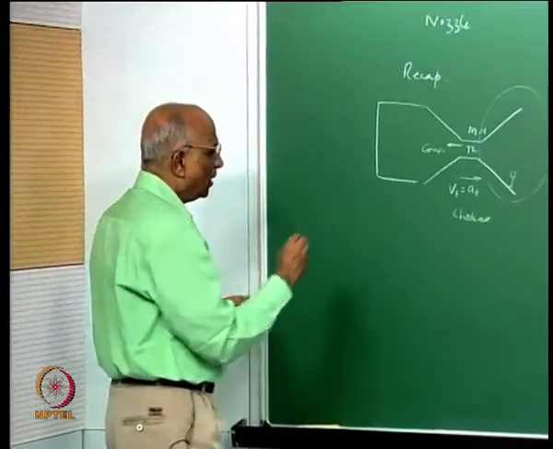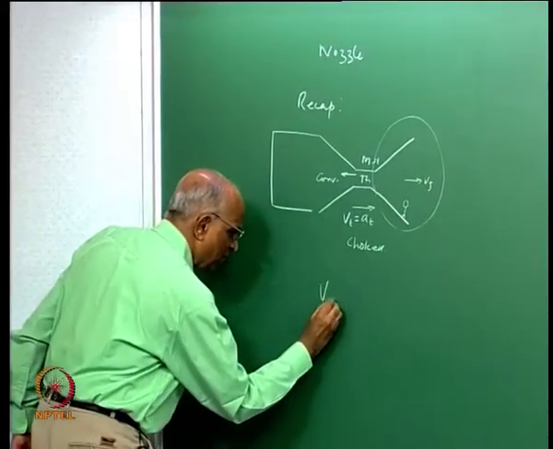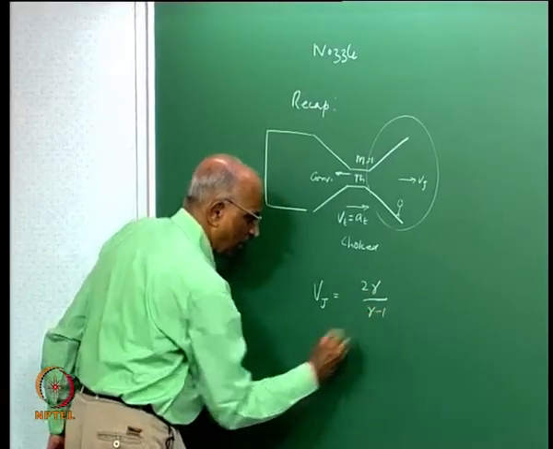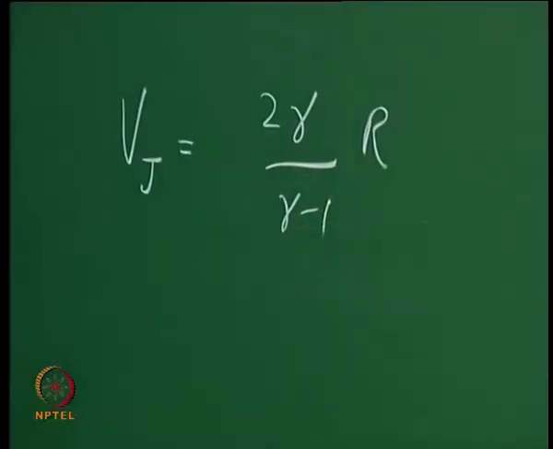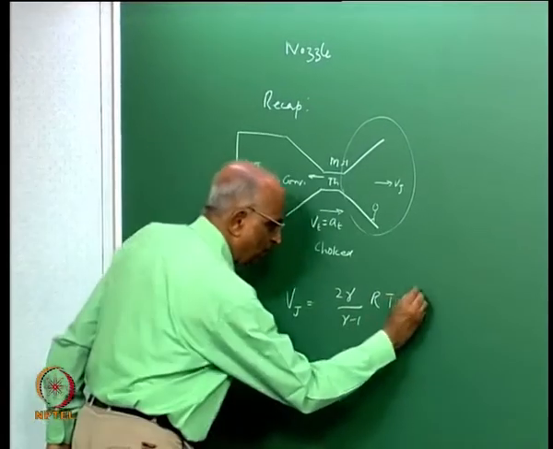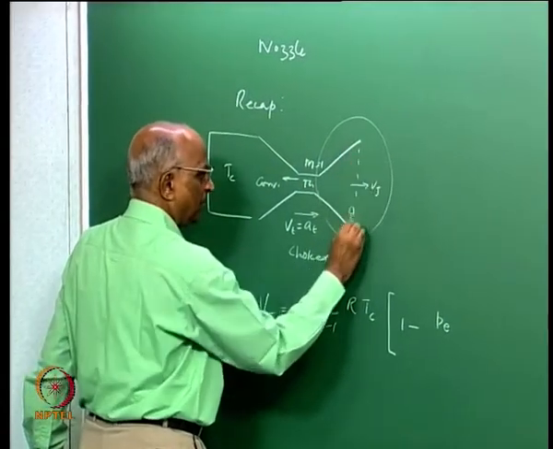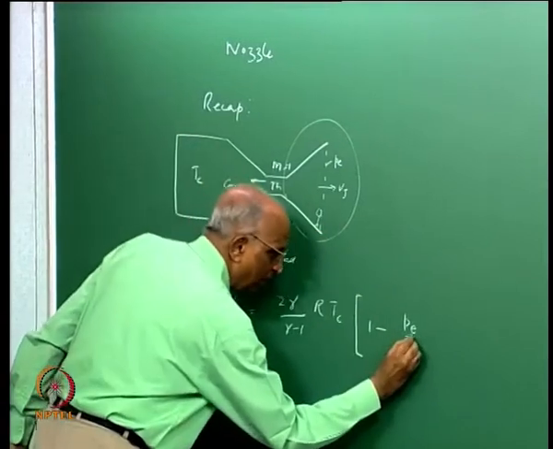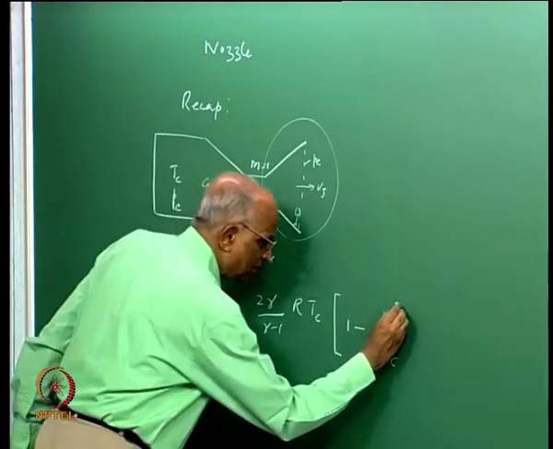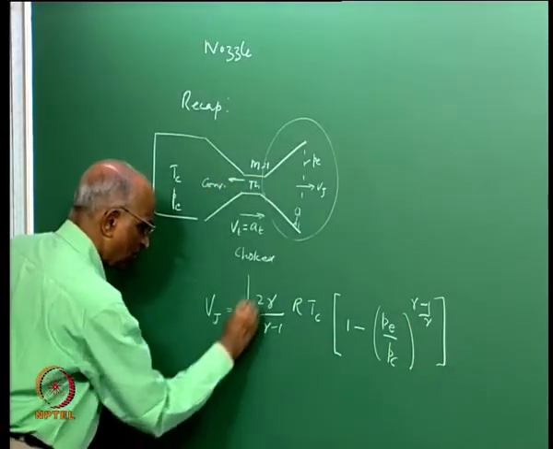We also derived an expression for the jet velocity at the exit, which we derived as Vj equal to the square root of 2 gamma divided by gamma minus 1, written in terms of the specific gas constant R, into the temperature within this chamber, into the expansion term 1 minus the exit pressure Pe divided by the chamber pressure Pc, to the power gamma minus 1 by gamma, and this was under the root.